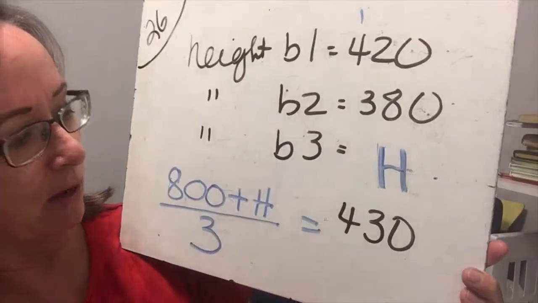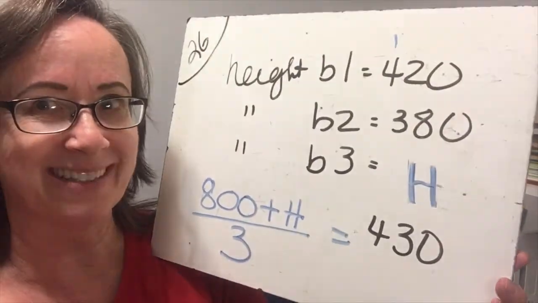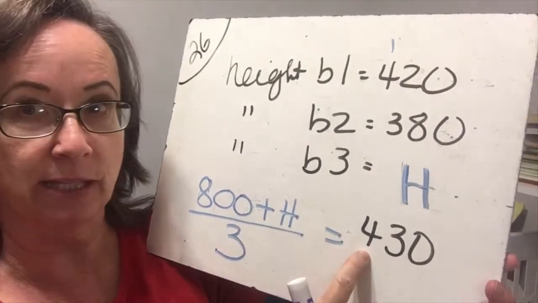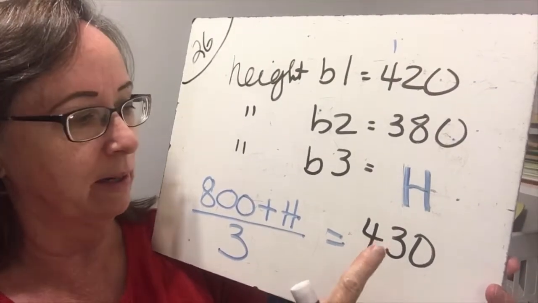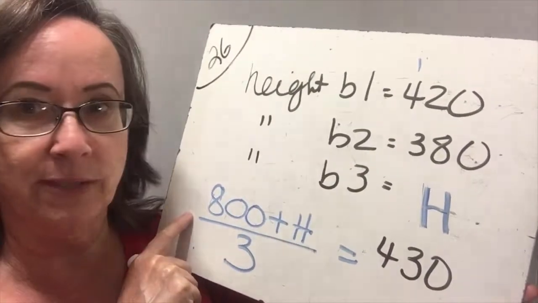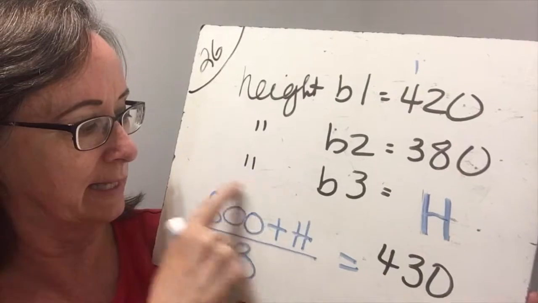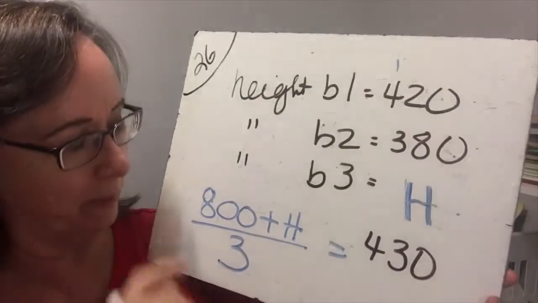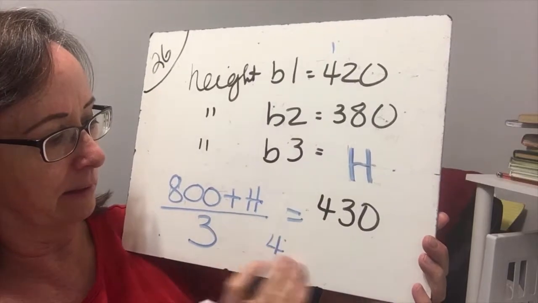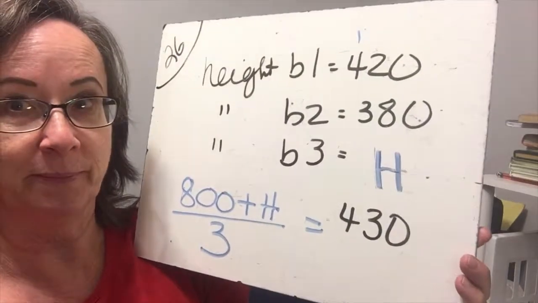Okay, so now we're going to go backwards again on our division. This divided by this gives us this, so 430 times 3 gives us this statement right here. So let's rewrite it. I'll write that on a new board.